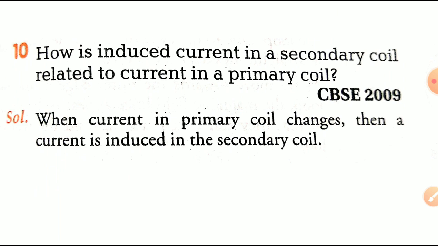So if there will be any change in primary coil, definitely the current will be induced in secondary coil. This one also we have studied in induced current topic with diagram.